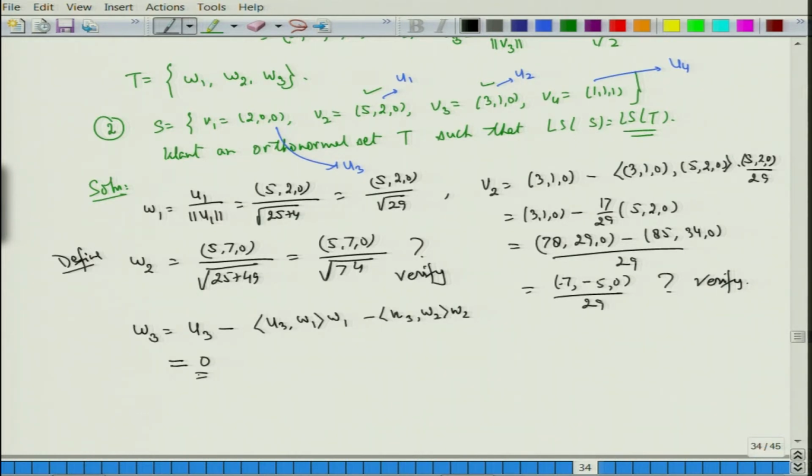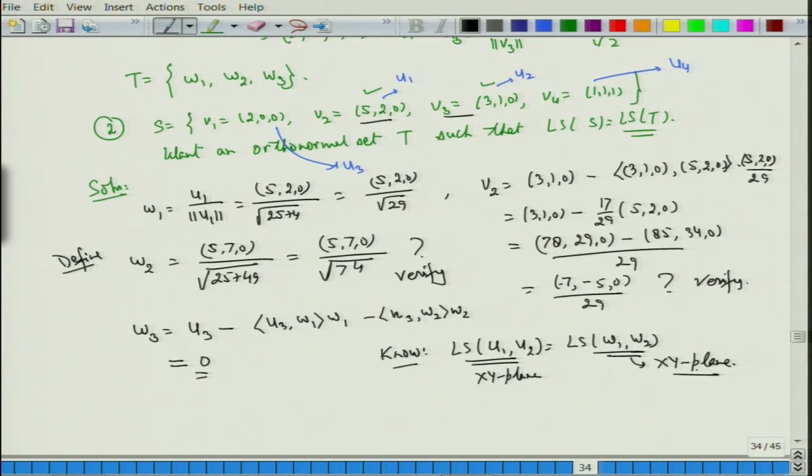Why is this 0? Because look at U2 and U3. What we know is the linear span of U1, U2 is the same as the linear span of W1, W2. If you look at (5,2,0) and (3,1,0), the span gives the xy plane, so this will also give the xy plane itself.